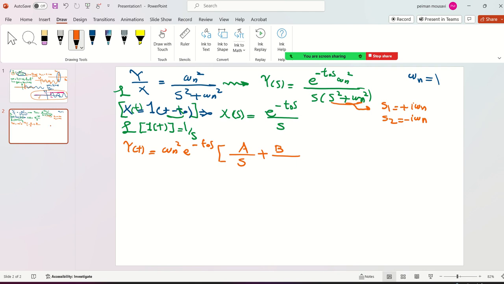We are decomposing like this, right, from high school. Then I'm going to contribute e to the minus t naught s in each of them.